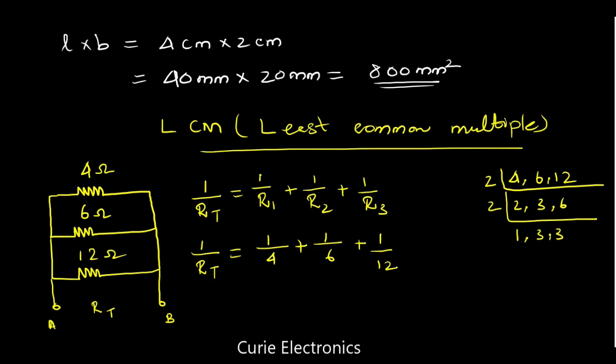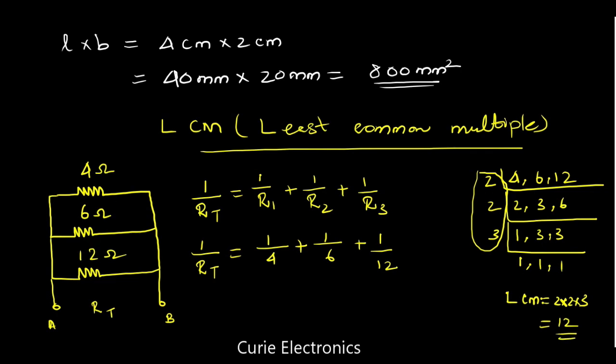Next, with the 1, no point in dividing, 1 is the minimum value we can get. Again we divide by 3, so 1 you just write like that: 3, 1, 1. Now what is the LCM? LCM is the multiplication of all the numbers by which we have divided. So LCM equals 2 multiplied by 2 multiplied by 3. What do you get? You get 12. So 12 is the LCM.